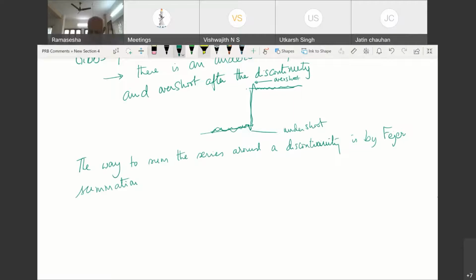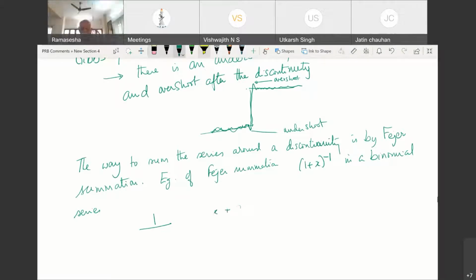Minus 1, that is 1 upon 1 plus x to the power 1 is 1 upon 1 plus x. This is equal to 1 minus x plus x squared minus x cubed plus x to the power 4 minus x to the power 5, etc. So for x equal to 1, the left hand side is equal to 1/2.